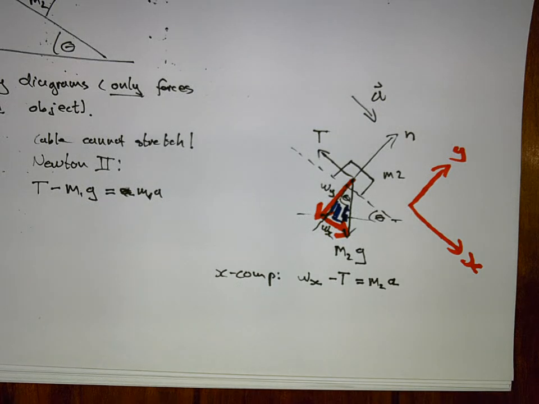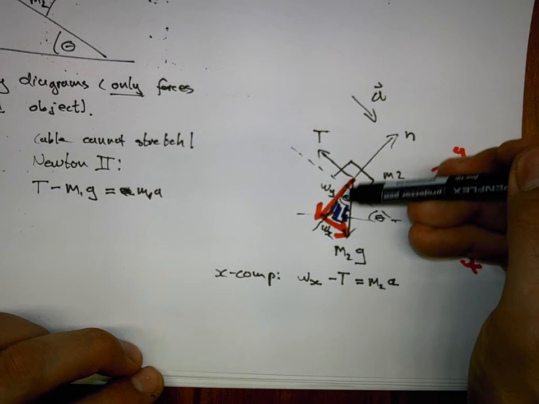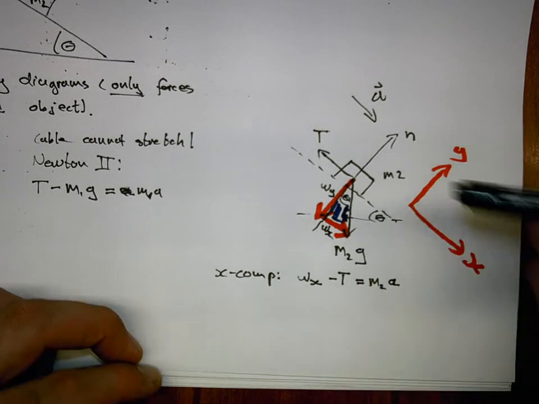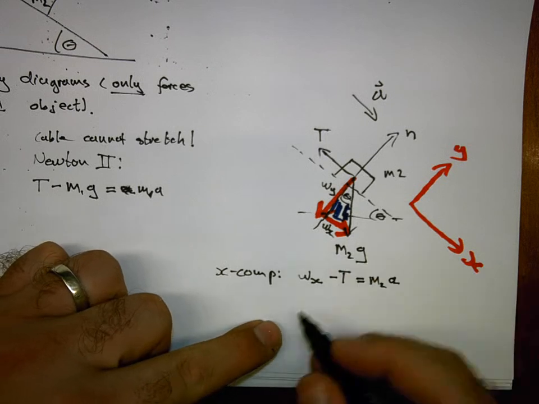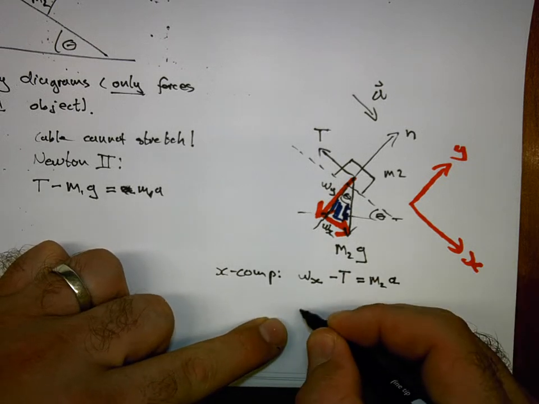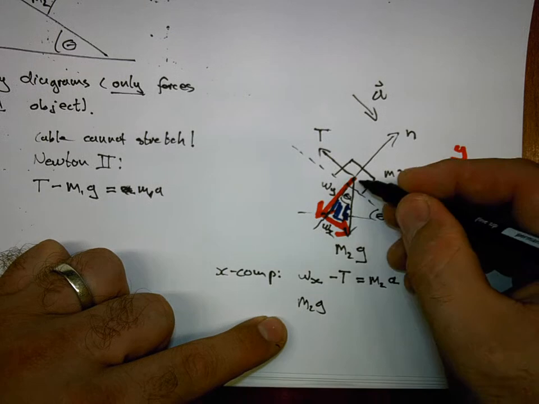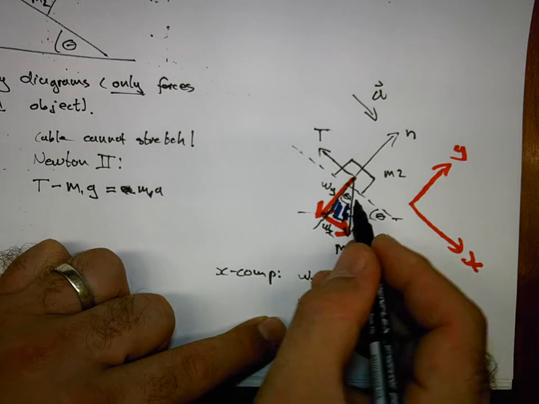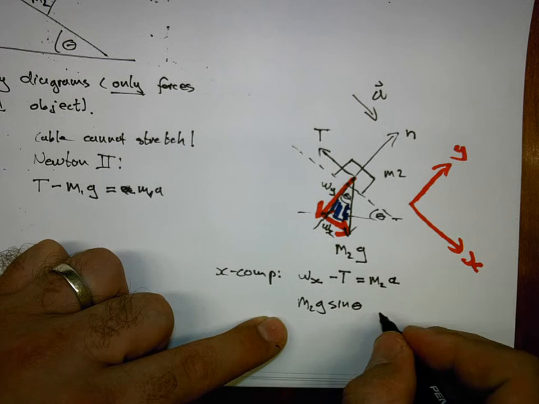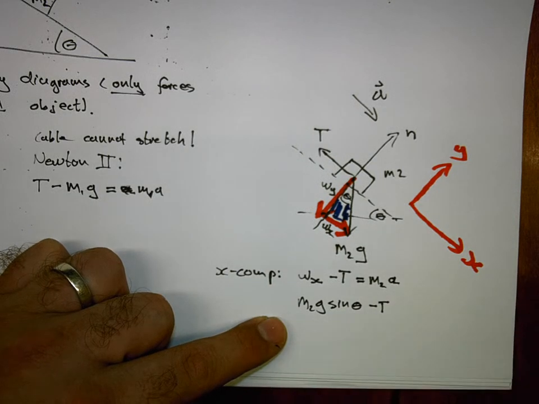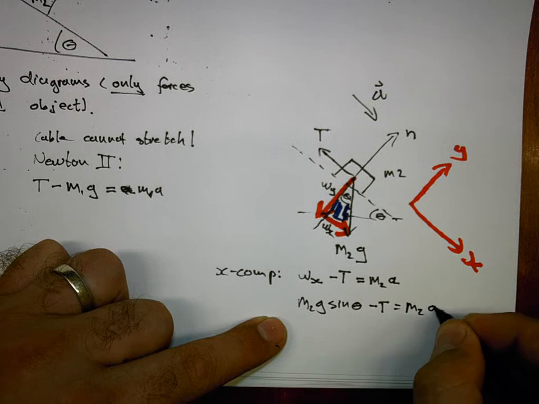We've got that the x component can be related to this side, which is the hypotenuse, quite simply as whatever the weight of this object is, which is m2 times g, that's the magnitude of this, times the sine of theta, minus t will be equal to m2 times a.